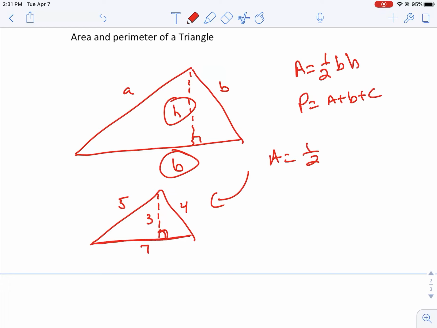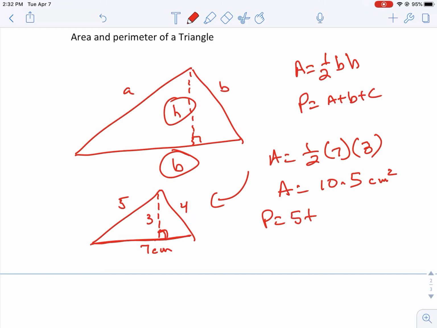So the area of this one then equals 1/2. The base is 7. The height is 3. Okay? Get your calculator out. You can use 0.5 for 1/2, which is real simple. So 1/2 times 7 times 3 equals, the area equals 10.5. And if these were, let's say, centimeters, it would be centimeters squared.